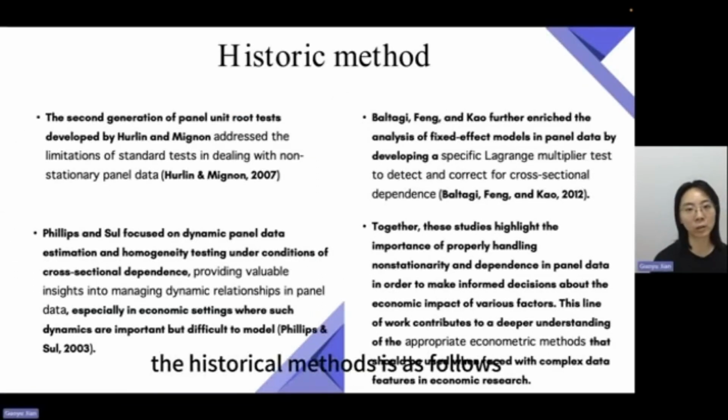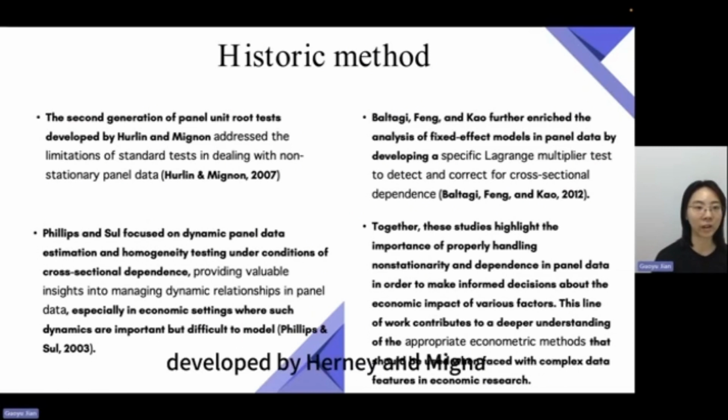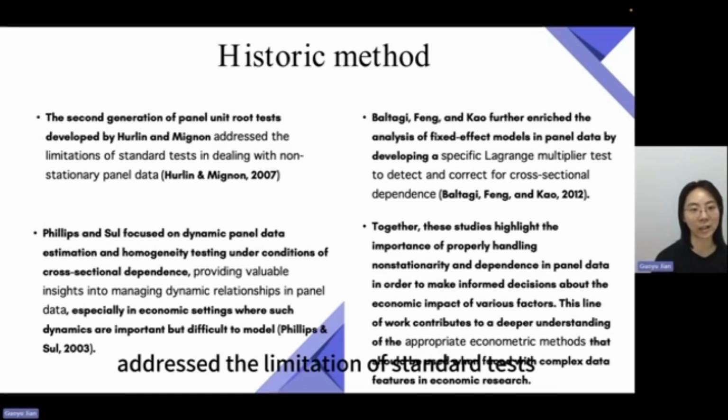The historical method is as follows. The second generation of panel unit root tests developed by Hurlin and Mignon addressed the limitation of standard tests in dealing with non-stationary panel data.